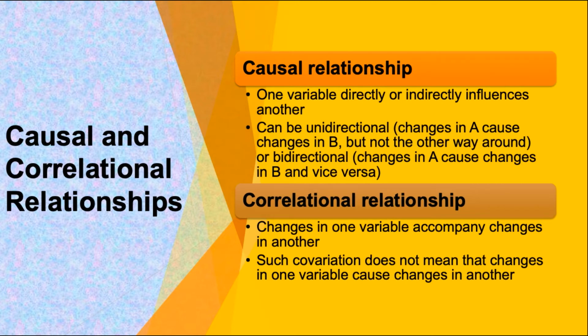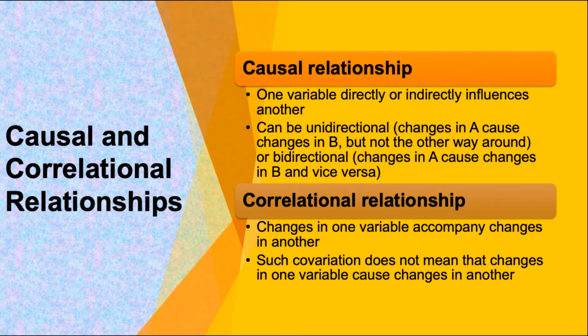It is a correlational relationship: changes in one variable accompany changes in another, but the proper tests have not been conducted to show that either variable actually causes changes in the other. Thus, all that is known is that a relationship between them exists. So, when changes in one variable tend to be accompanied by specific changes in another, the two variables are said to be covariant.